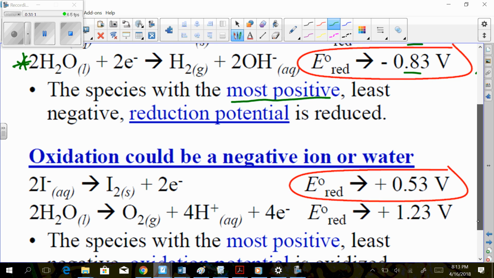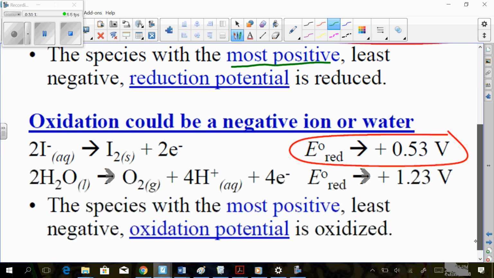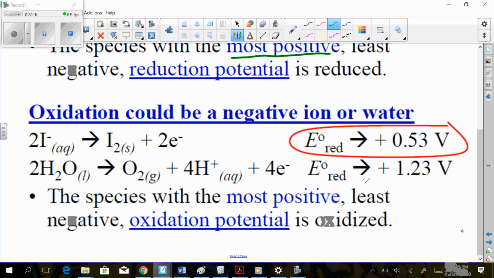On the other side of the reaction, we have to look at what's going to be oxidized. We have iodide and water. These two reactions on the reduction potential table would both be flipped, because the species that's actually oxidized is what's in the bucket.